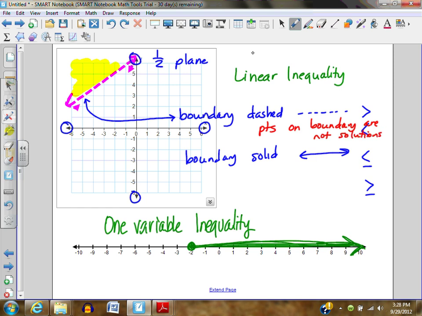The dashed boundary does not include, the solutions do not include the points intercepted on that boundary. It's exclusive. It's like snobby girls, exclusive. Whereas a solid boundary, the points on the boundary are included in a solution.